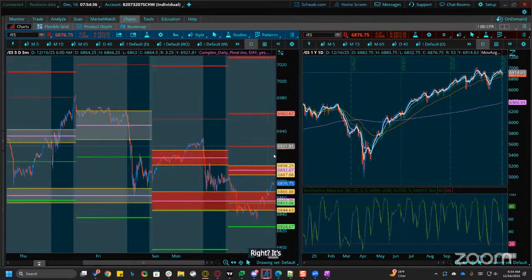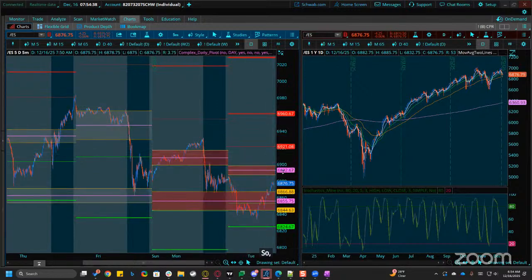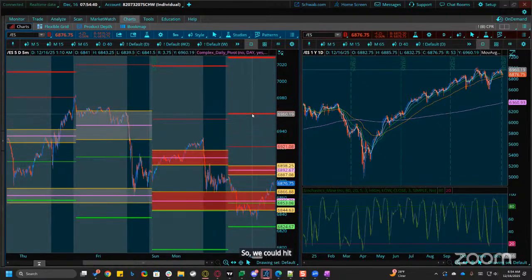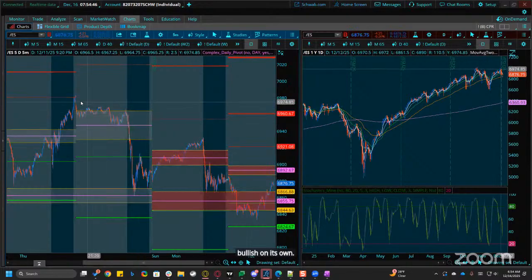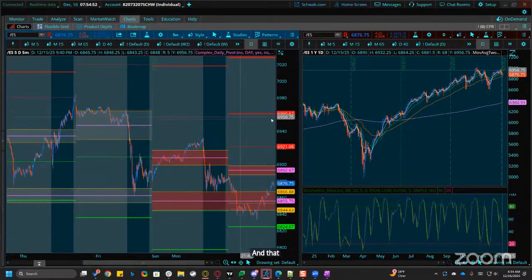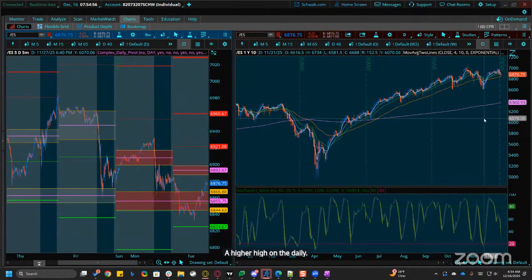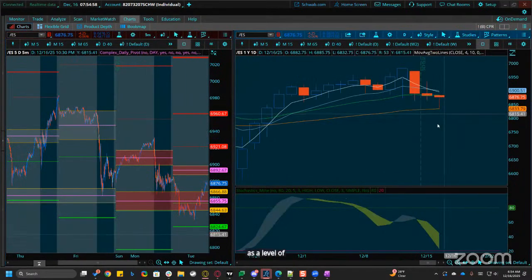It's just what price does. So we could hit 69.60 today, and that still wouldn't be bullish on its own, because we would still be underneath last week's high, and that would mean we don't have a higher high on the daily as a level of mark, right?